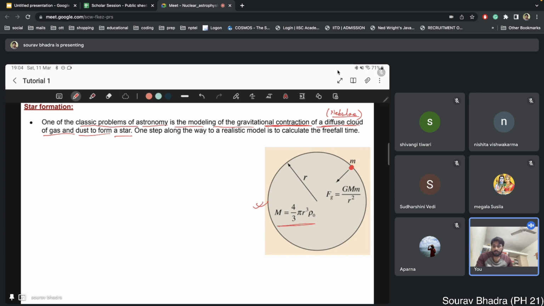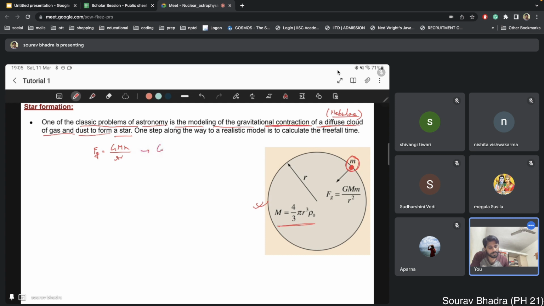Now that typical Gauss law tells you that this particle will feel the gravitational attraction of the whole system, as the whole system is concentrated at the center of that particular sphere. So this is the typical Gauss law, which tells that Fg, the gravitational force that the small mass m feels, is G M m by r square.